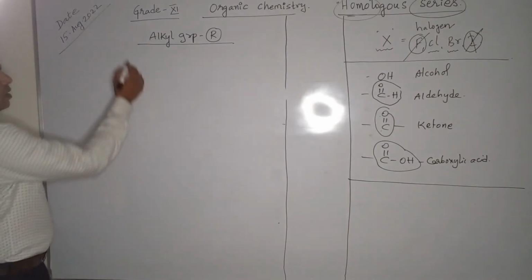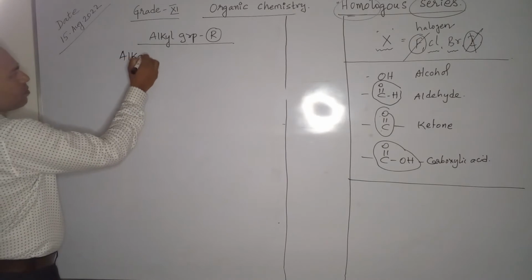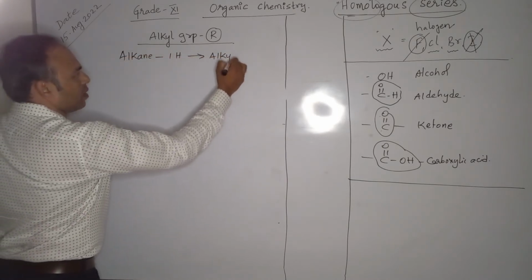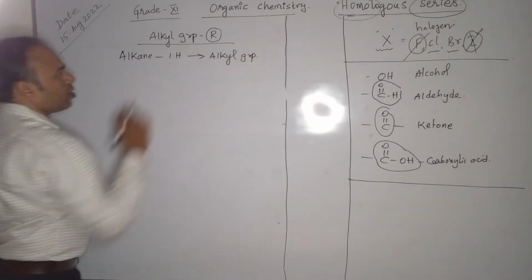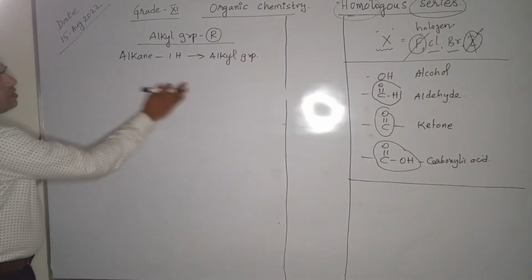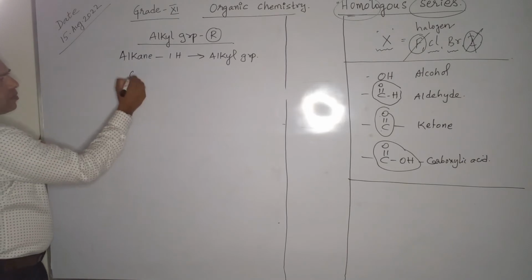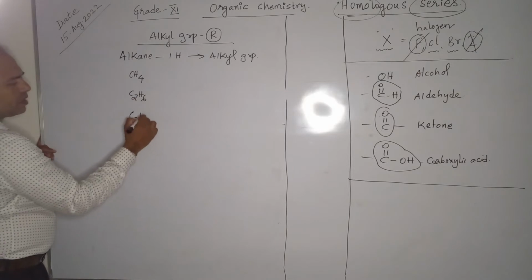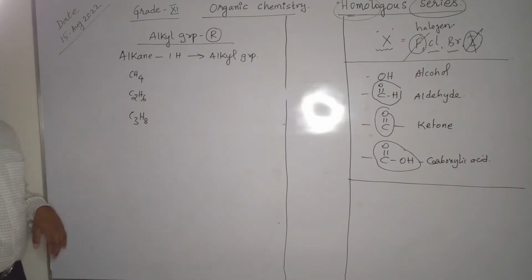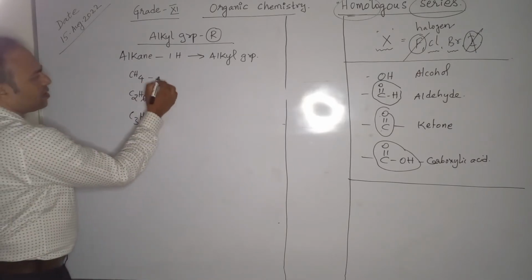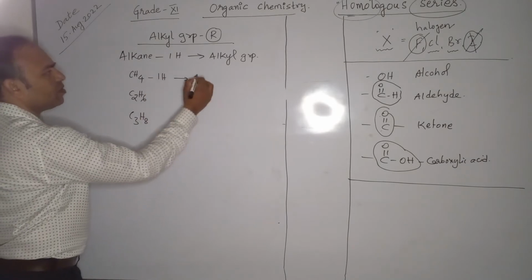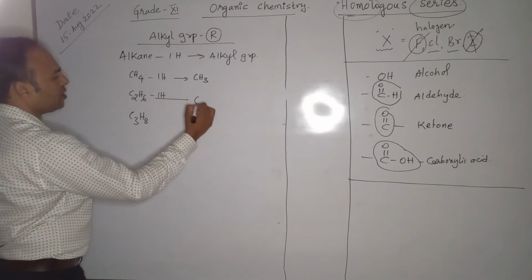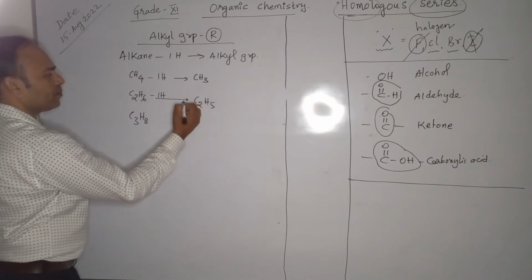Now, alkane minus 1 hydrogen is nothing but alkyl group. What is alkane? Just now you have seen methane, C2H6 ethane, C3H8 propane. Minus 1 hydrogen gives you CH3. Here minus 1 hydrogen gives C2H5.